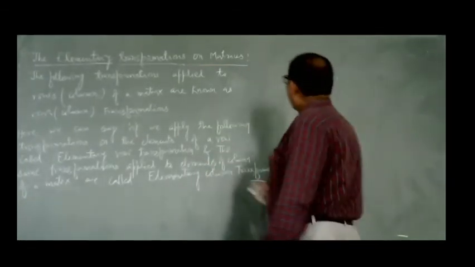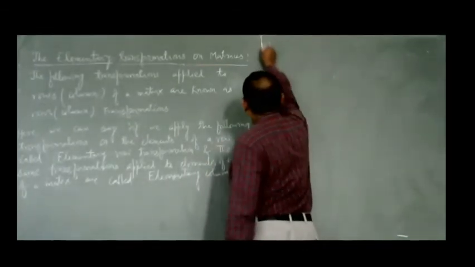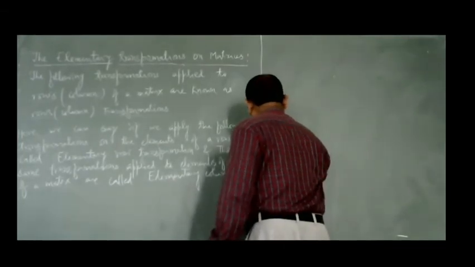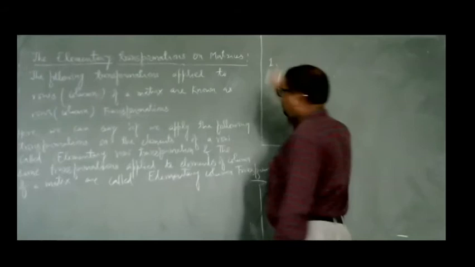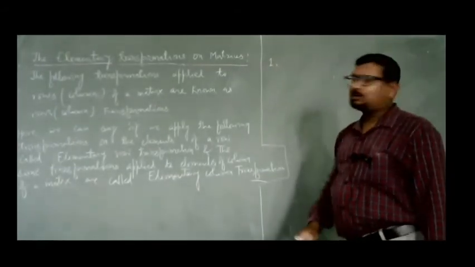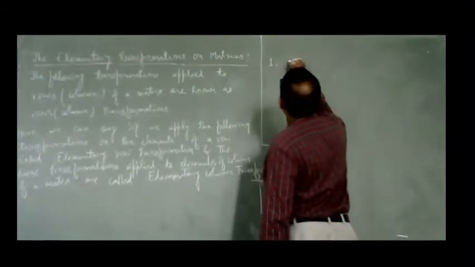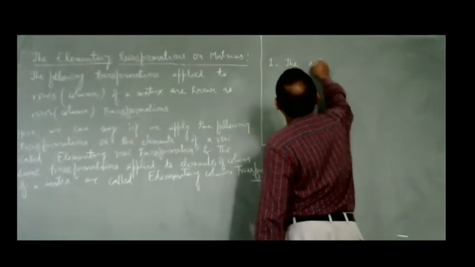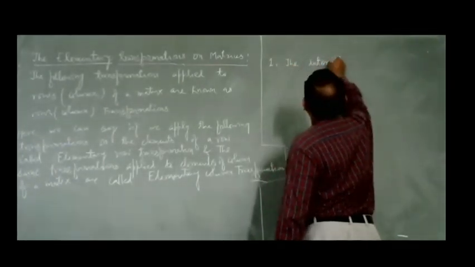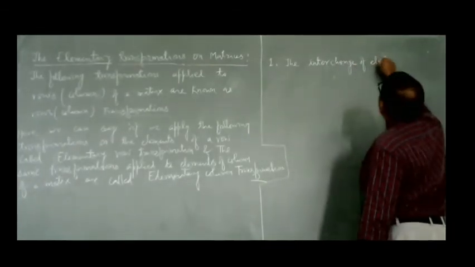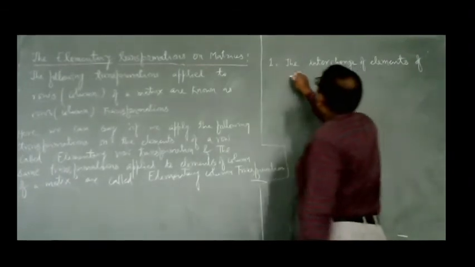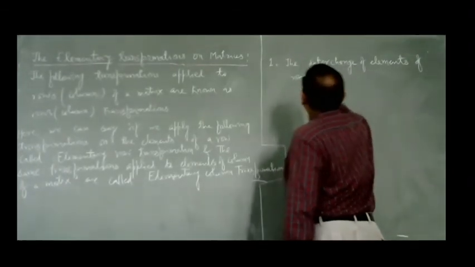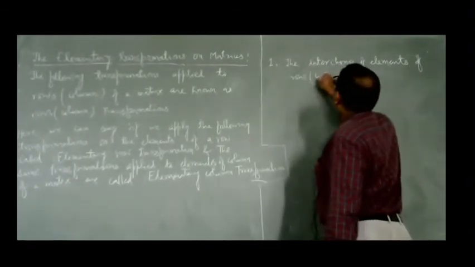Let me tell you what the transformations are. The first transformation is the interchange of elements of rows or columns.